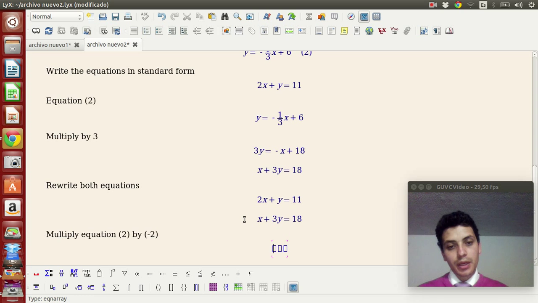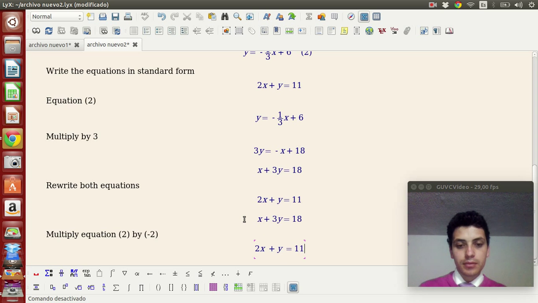So the first equation is 2x plus y equals 11.